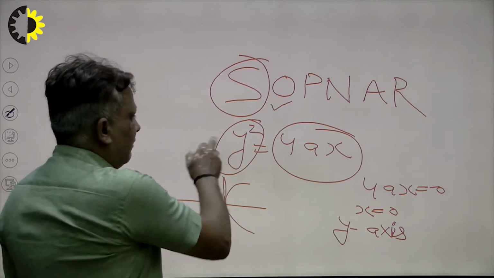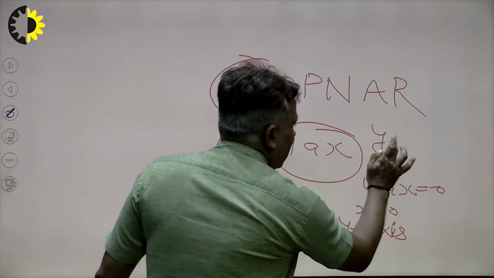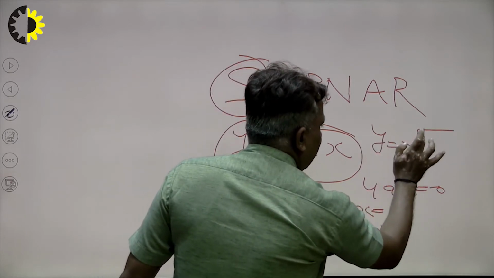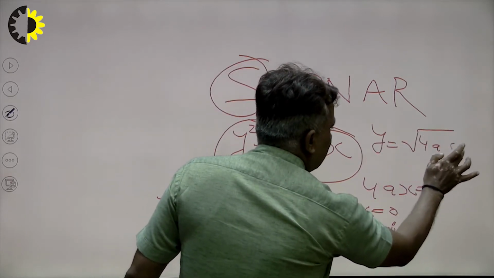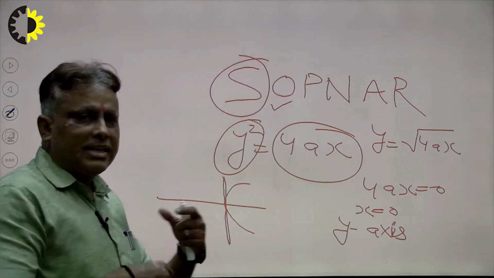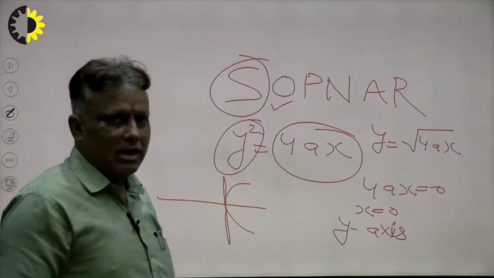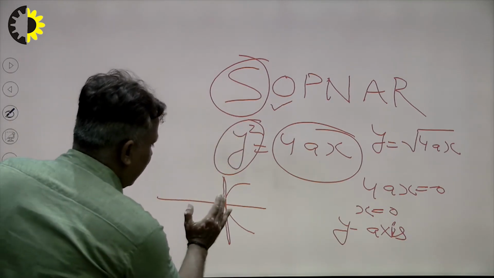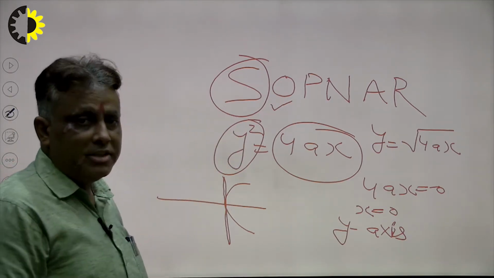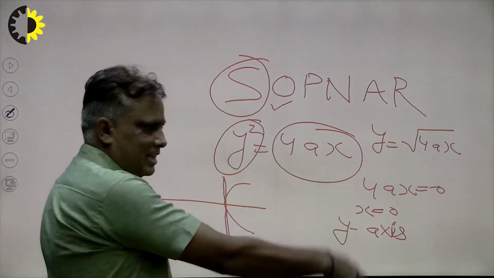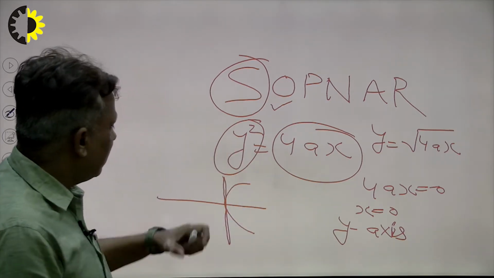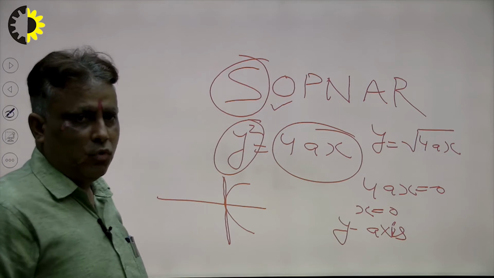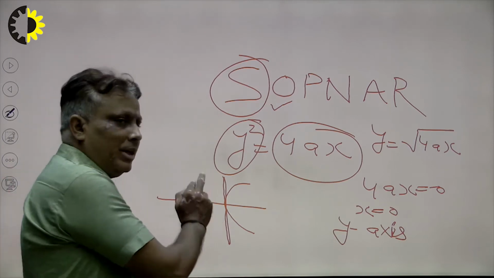If I calculate the value of y, it will be under root 4ax. If x is positive then y is real. If x is negative, y will be imaginary, so the curve does not exist on the left-hand side of the origin. The curve always exists on the right-hand side of the origin. So the shape of the curve y square is equal to 4ax will be an open node here.